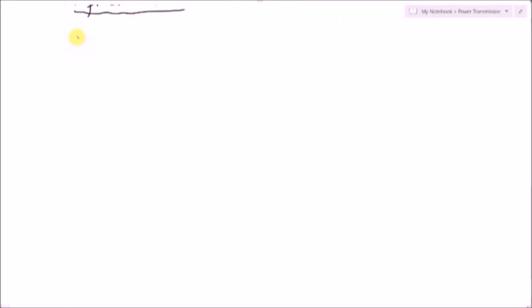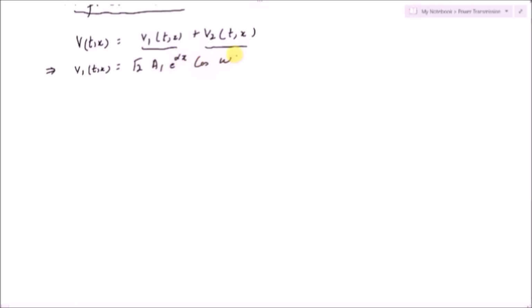So I can write the equation V(t,x) is equal to V1(t,x) plus V2(t,x). So I have divided it into two parts. The first one is the incident wave of the voltage and the second one is the reflected wave of the voltage. Further, V1(t,x) is equal to under root 2 A1 e raised to alpha x cos(omega t plus beta x).